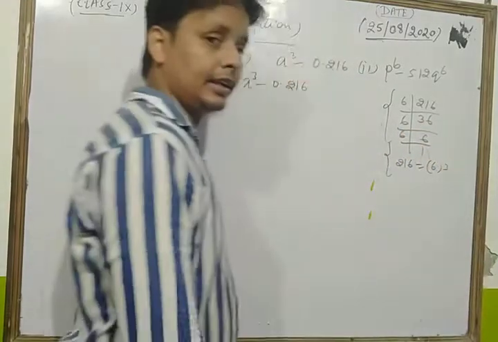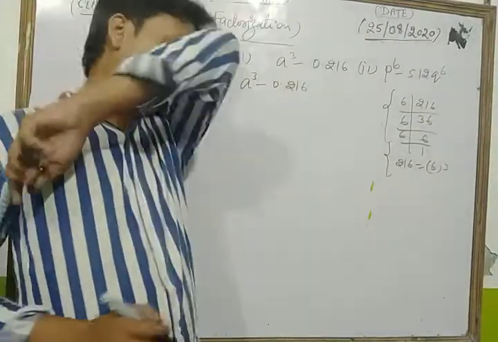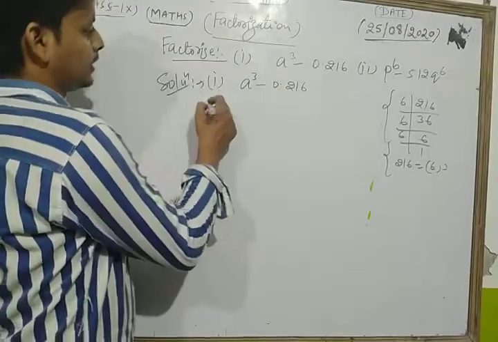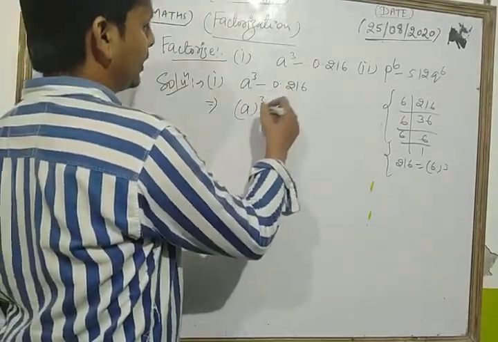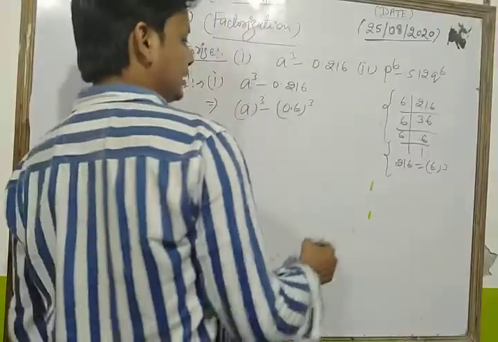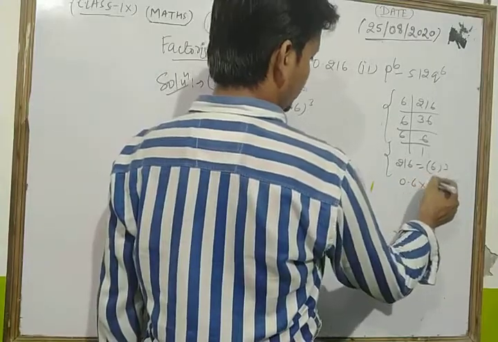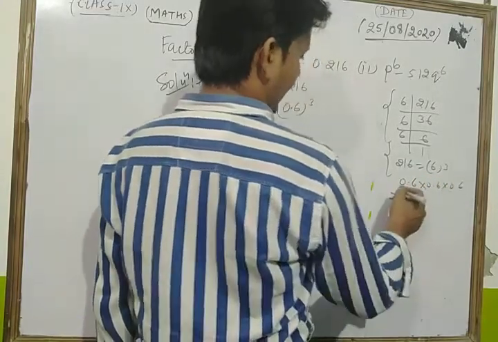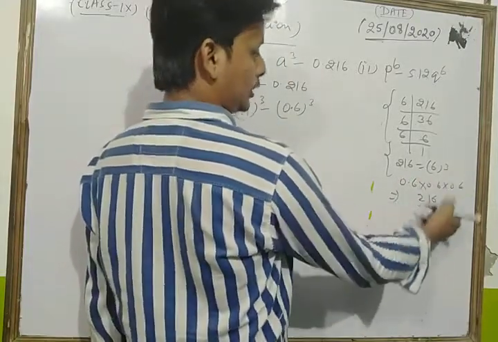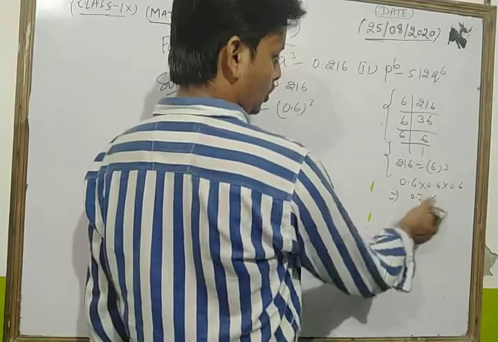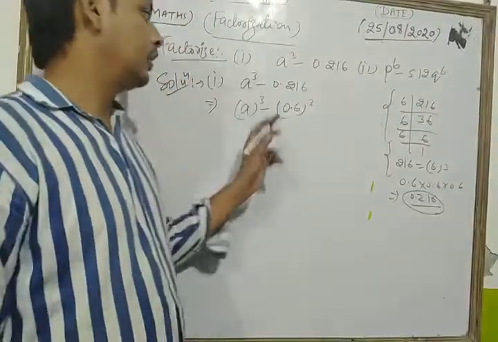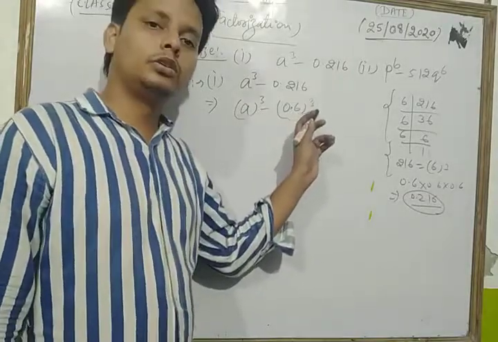But here this is a decimal, so we write the given expression in this way also: a cube minus 0.6 cube, because 0.6 into 0.6 into 0.6, and 6 into 6 into 6 we get 216, and we take the decimal in 3 places, 1 2 3, so we write 0.216 as 0.6 to the power cube.